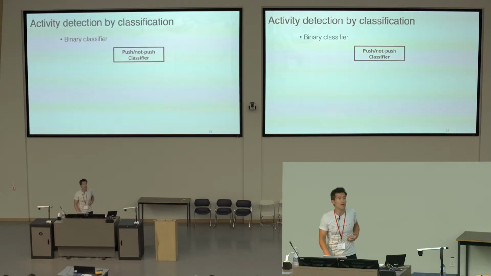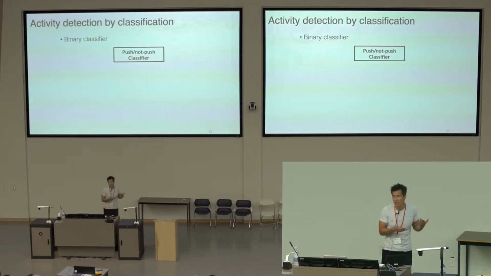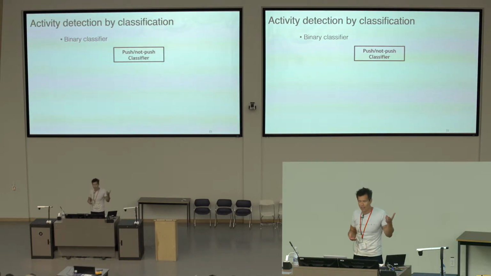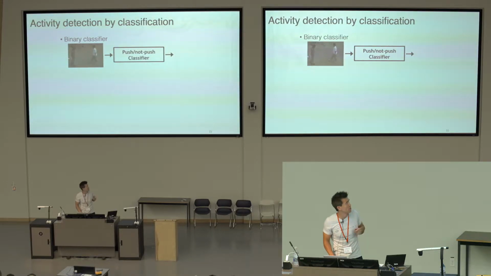So the standard way to approach this problem, if you're looking at activity detection, is to take those binary classifiers that we have for classifying a whole video. For example, if we had a classifier that could take in a video and say, was that a push, yes or no? Taking this one and saying, yeah, that's a push. And that binary classifier can also take in a short snippet of video and say, no, not a push.